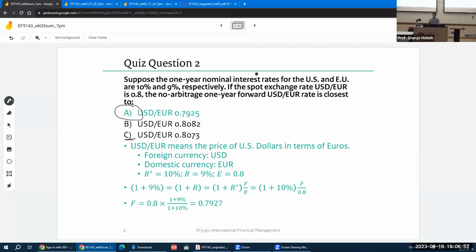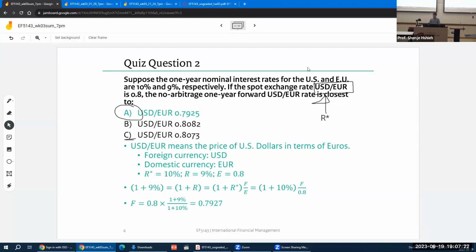So how do you do that? Well, first you just look at the exchange rate that's given to you, right? If you look at that pair of currency code you learned from last week, I always write the foreign currency in first. So USD is therefore the foreign currency here. So that means that R star refers to US dollars.